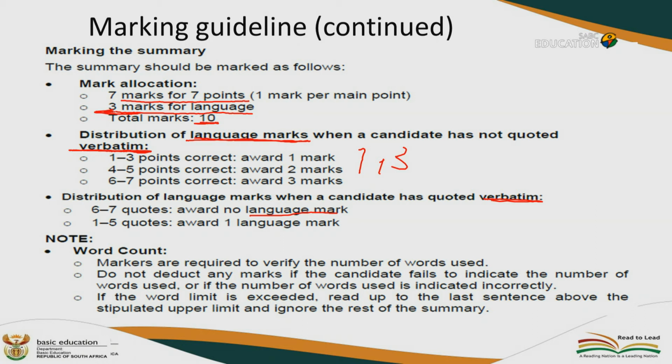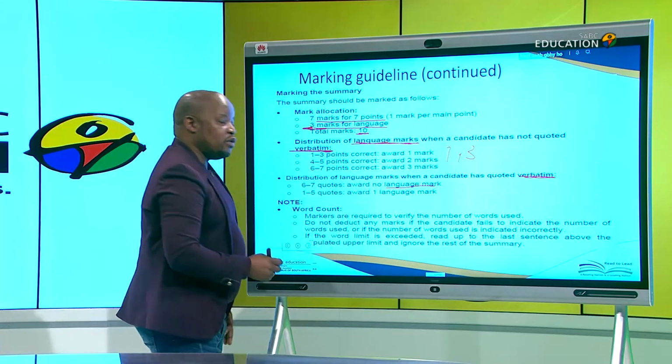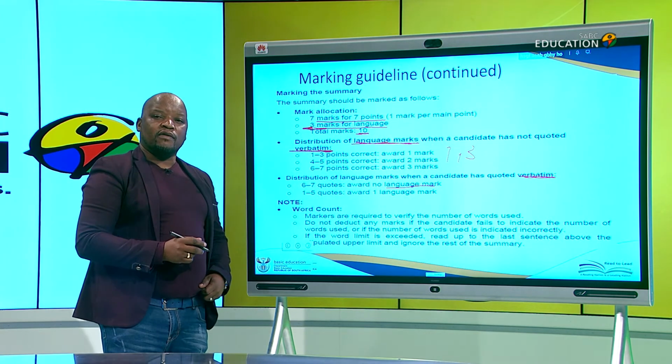If we have doubts as markers, we are going to count to verify the number of words you wrote at the bottom of your summary. Do not deduct any marks if the candidate fails to indicate. This refers to us as the teachers or markers: we are not going to deduct any mark if you did not include the number of words.